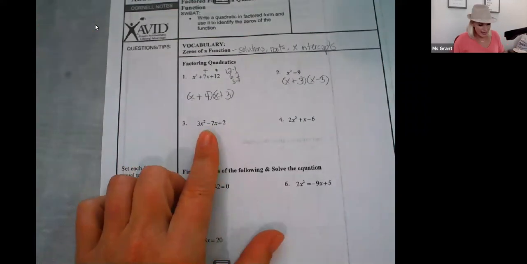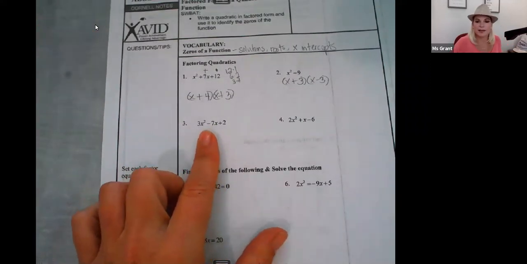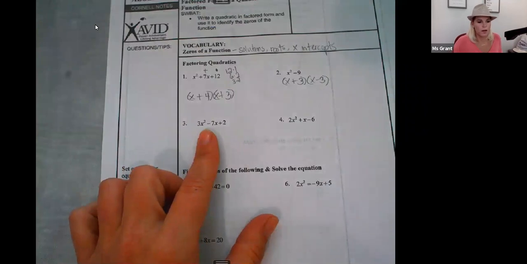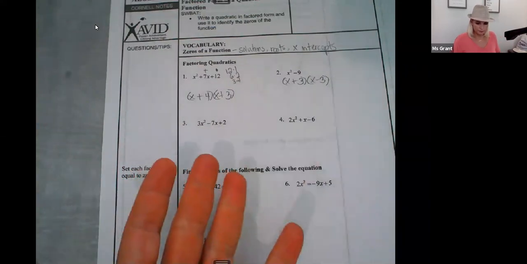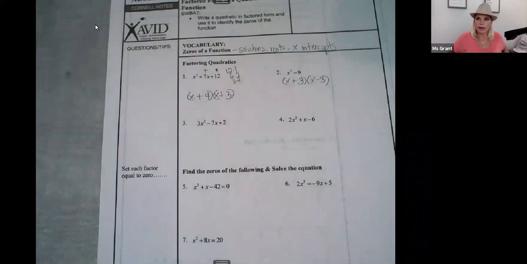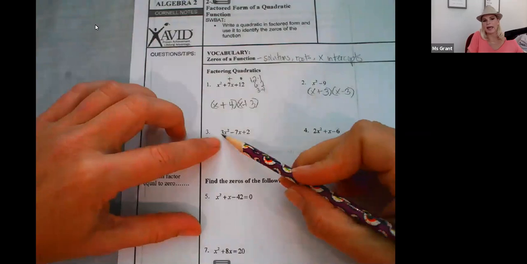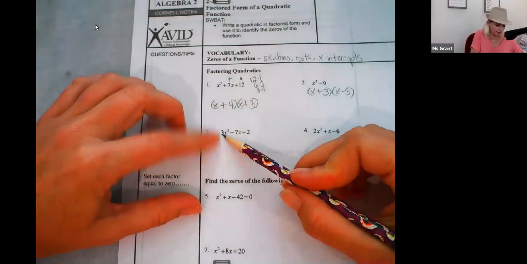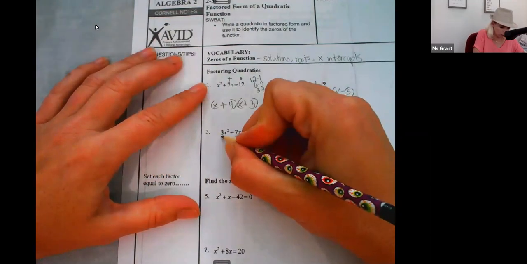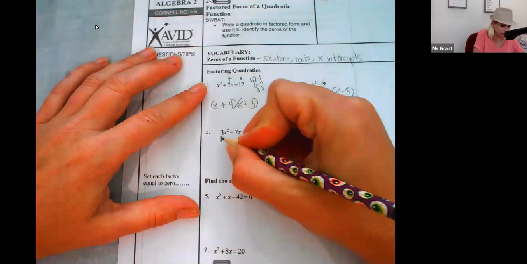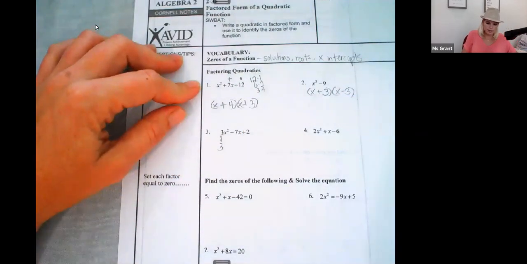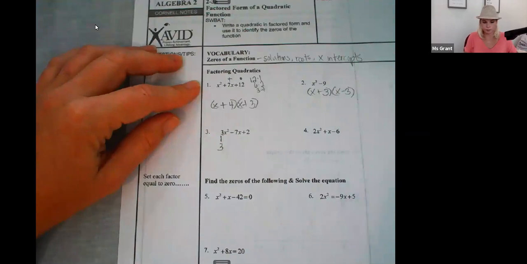Now this one has an A in front. So I have a method that I'm going to do right now, but some of you may learn a method where it's like an X or a box. Anyways, this is what I do. I look at my A and I say, what two numbers make A? Well, that's easy. A 1 and a 3. Then I look and say, okay, well, what makes a 2?